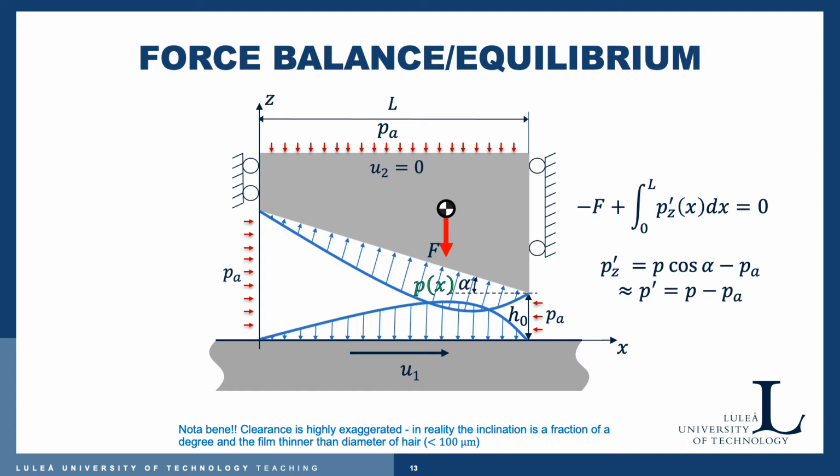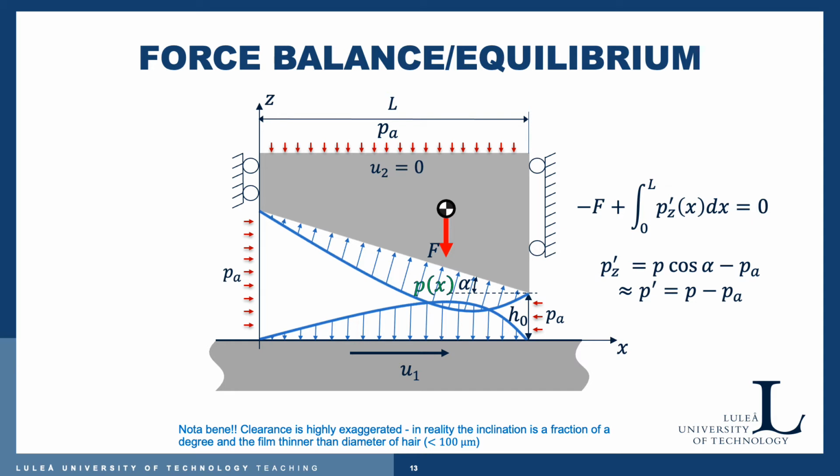But look here now, we have to be even more careful. I put a small prime on our Z component of the pressure, and that's because P prime is P minus the ambient pressure. So it's the net lift. This is required since we also typically have the ambient pressure on top of the bearing.